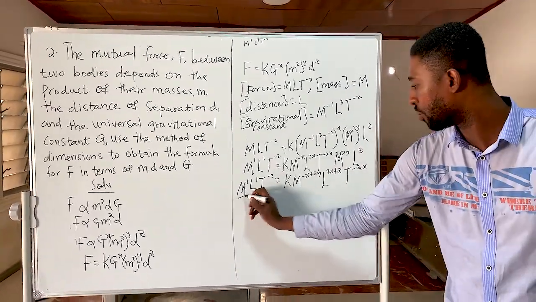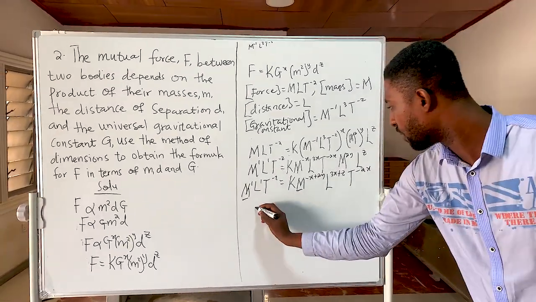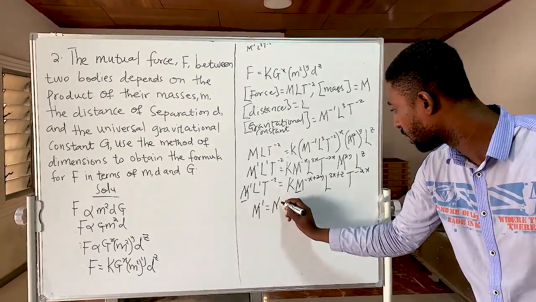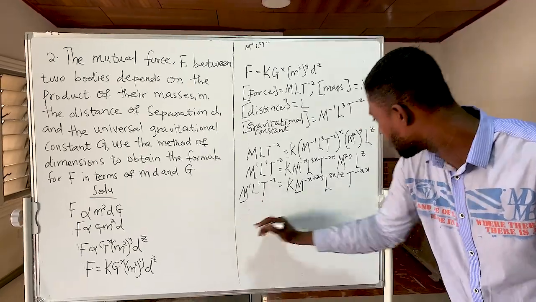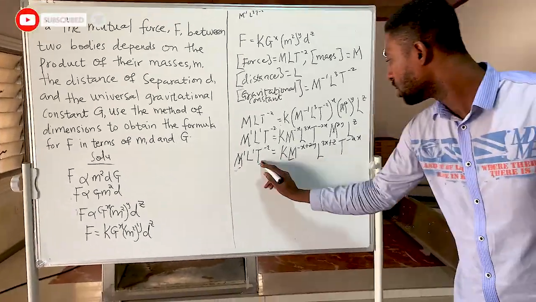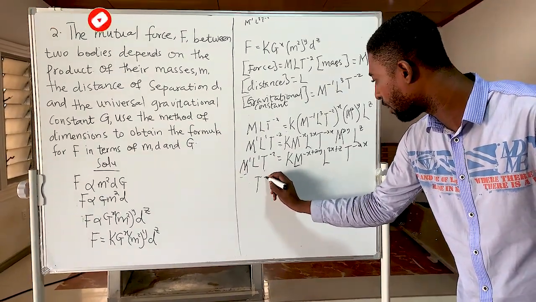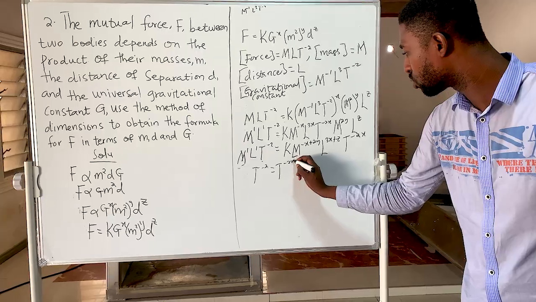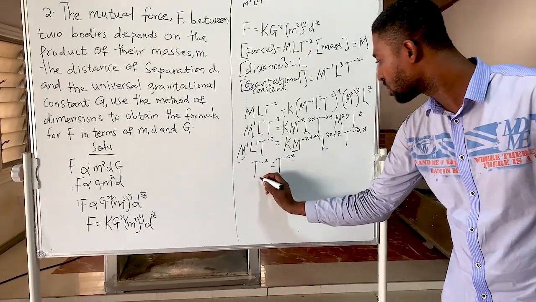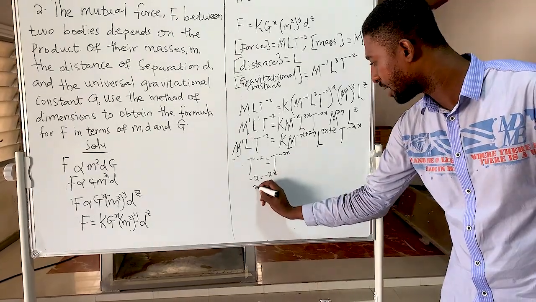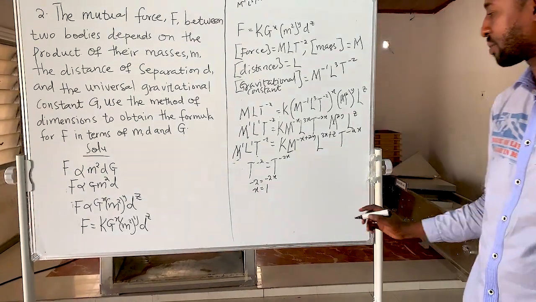So let's take m. Okay, let me start with the t first to make it very simple. So we are going to have t raised to the power minus 2 equal to t raised to the power minus 2x. So here we have minus 2 equal to minus 2x, and x will be equal to 1.